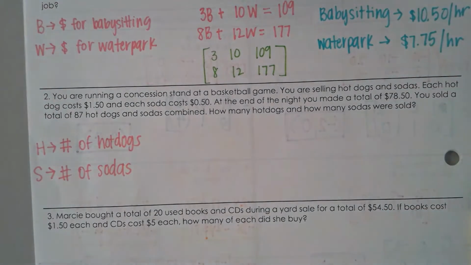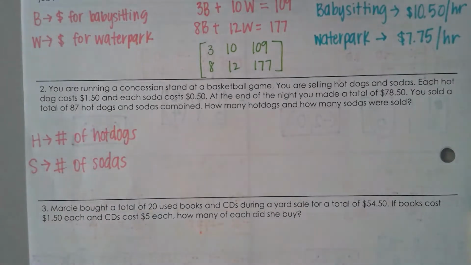You need to know, if I'm finding a number of hot dogs, should I have a decimal? You're not going to sell half of a hot dog. Should you use a dollar sign? If you sell 12 hot dogs, it's not $12, it's 12 hot dogs. So you need to know kind of your units, what you're finding.